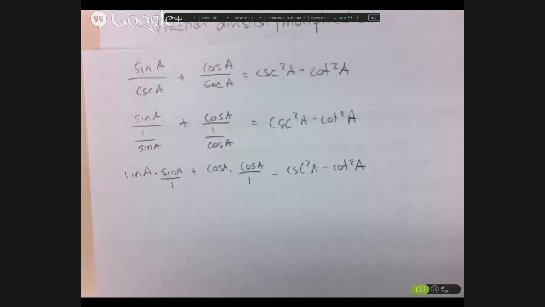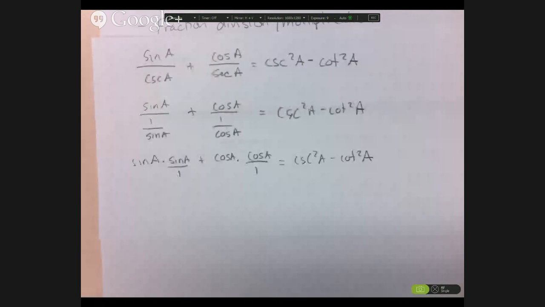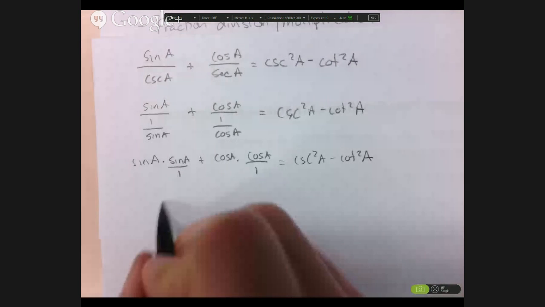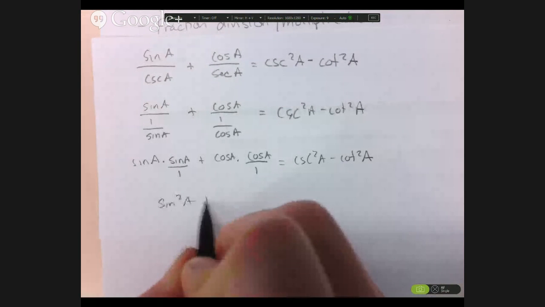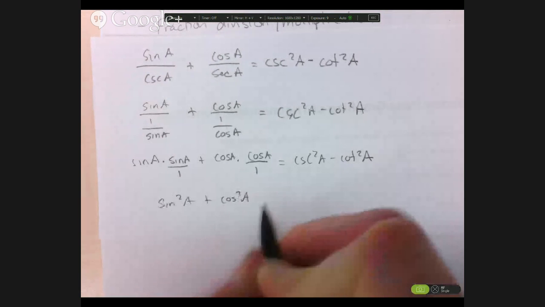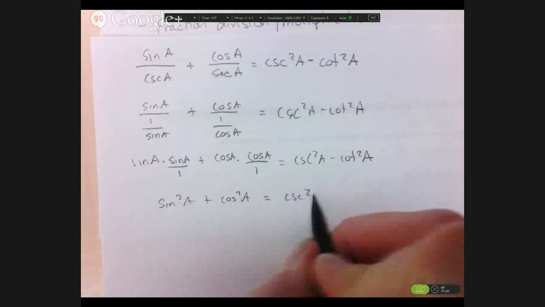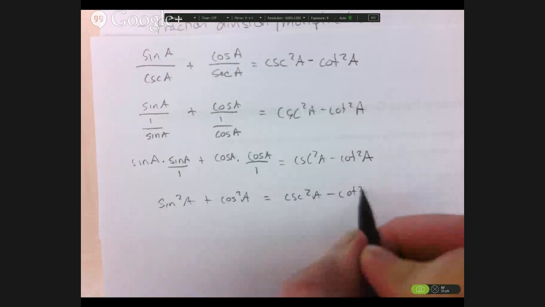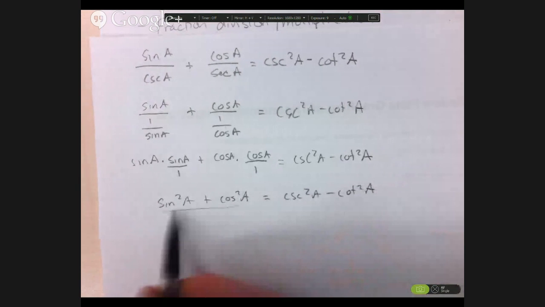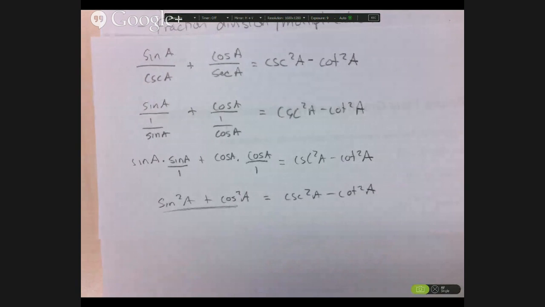And what do we get? Sine squared plus cosine squared is Pythagorean identity. What is that the same as? 1.